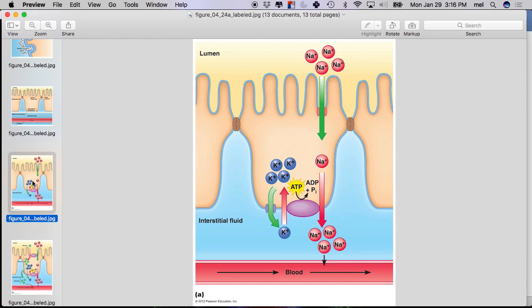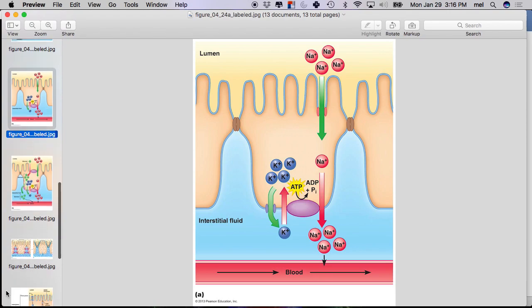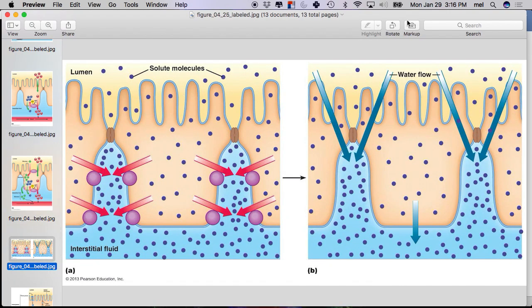So as solutes move, water will move, right? My phys professor said solutes suck, and sodium sucks the most, right? So you move sodium and you create a concentration gradient for water as you do that. So water moves in via your digestive tract by what process? Osmosis. It moves in by osmosis.